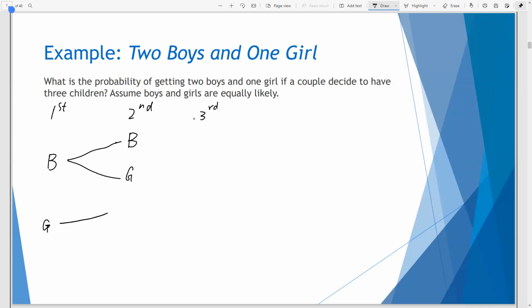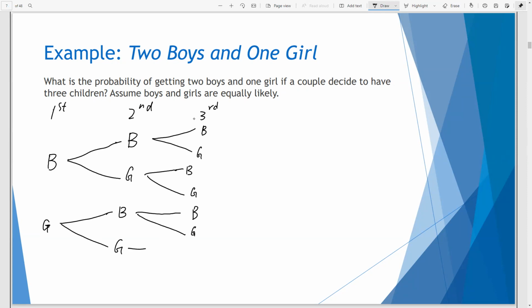And if the first is a girl, then the second could also be a boy or a girl. And extend to the third column, that same idea. If the first is a boy and the second is a girl, that doesn't matter, the third kid could be a boy or a girl. Also, if the first is a girl, no matter whether the second is a boy or a girl, the third could still be a boy or a girl, right?